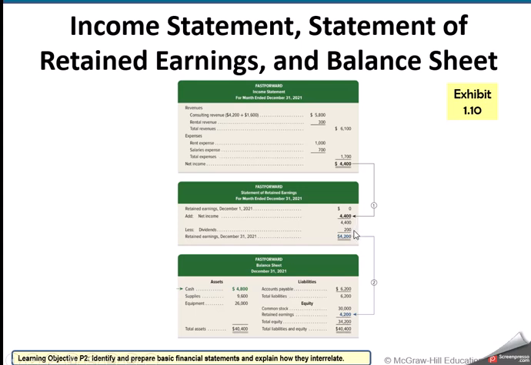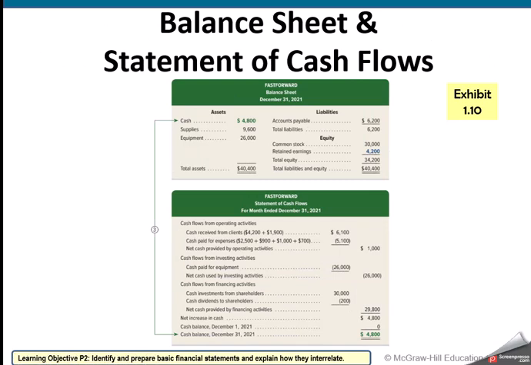Our dividends are paid out of that to calculate our ending balance, and that ending balance goes down into our balance sheet. And again, the balance sheet is assets equal to liabilities plus owner's equity. But again, that retained earnings is a piece of that owner's equity. And then again, I'm going to skip over that. We will get into detail on that statement of cash flows at the end of the course.